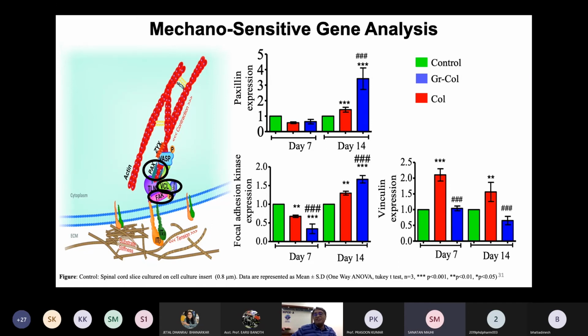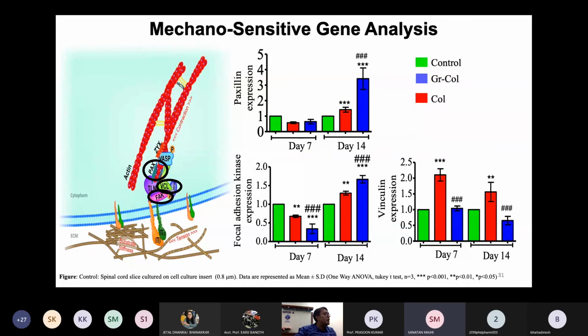In case of vinculin, we did not see much expression in GR call at 14 days, but collagen maintained the expression more or less like at day 7. So this combination of collagen and graphene together is modulating the paxillin expression and focal adhesion expression, which can give us more detail in our future experiments.